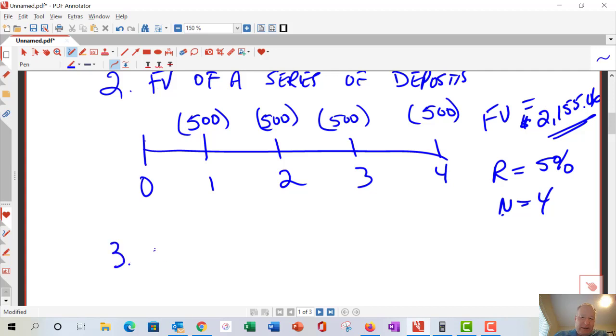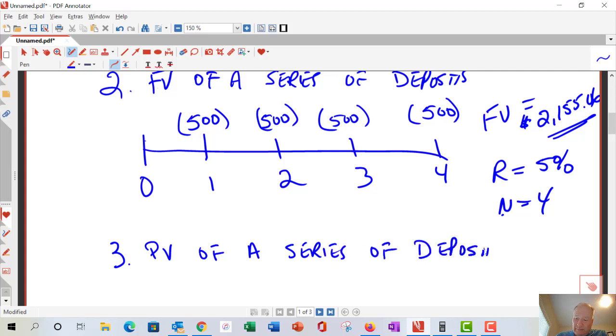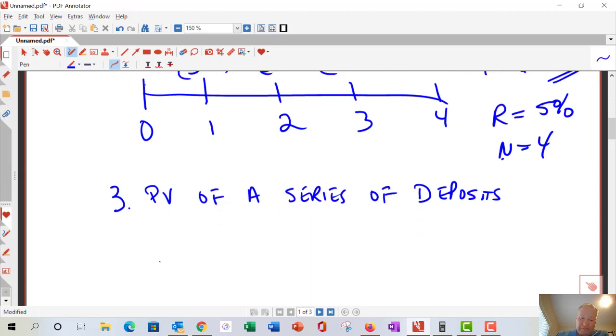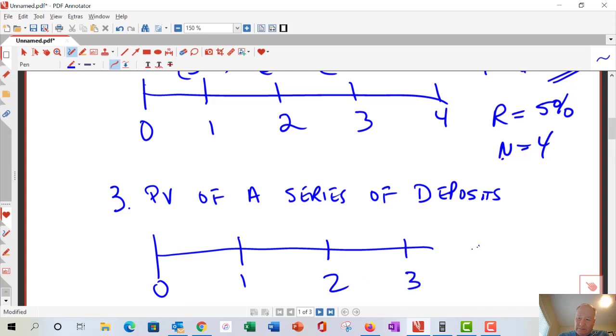So here we're going to look at the present value of a series of deposits. Okay, so what's all this worth today? And we'll go out to 4 years again.